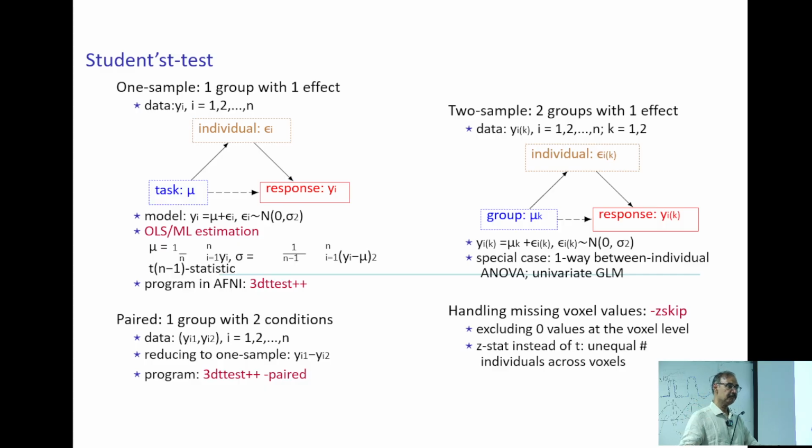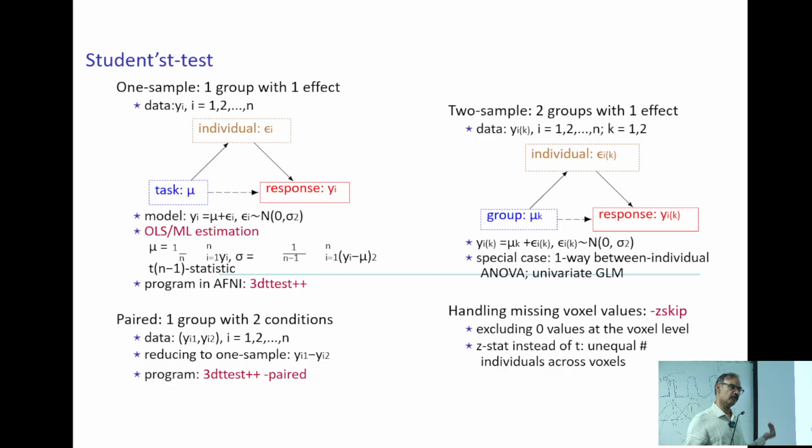So then you have two conditions and you have responses from there. Then you can do a pairwise comparison, because the same subject who did slow finger tapping also did fast finger tapping. So you can see the difference between them, right?